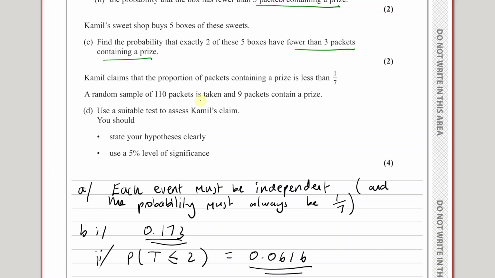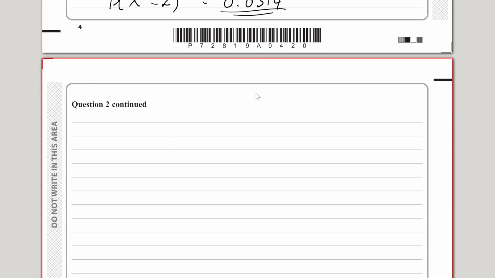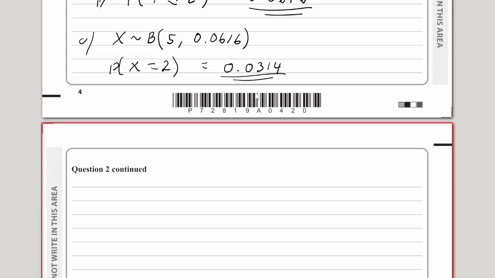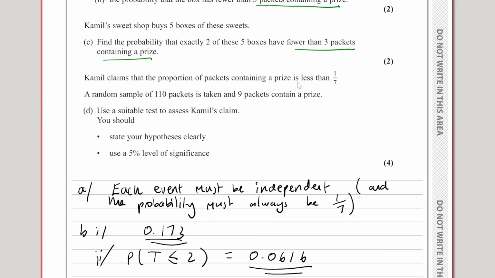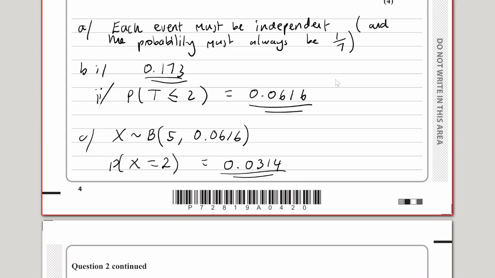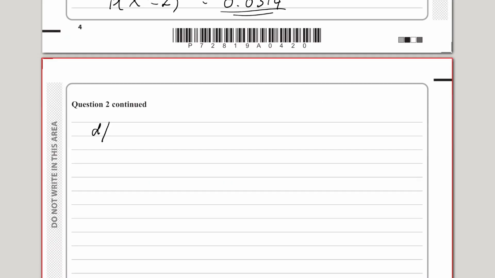So our null hypothesis is what we believe to be true. So not what Camille thinks, the original one. So that's the proportion, the probability is 1/7.